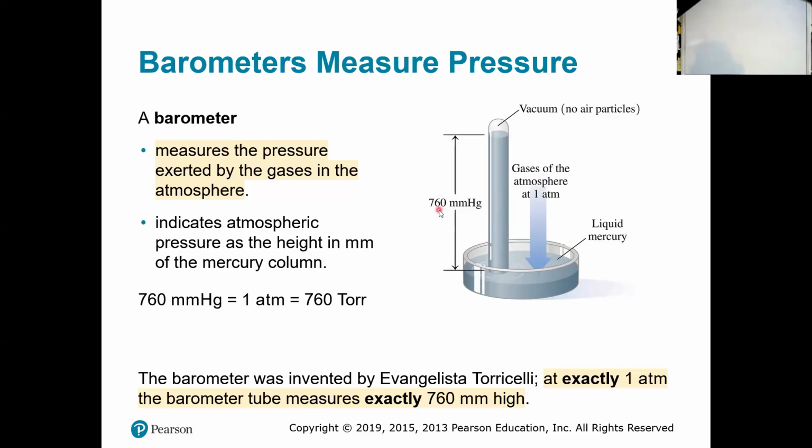So when you see a pressure reading like 760 millimeters of mercury, the mm is millimeters and the Hg is mercury. They're literally saying that the distance from the pool of liquid mercury up to the meniscus, the highest level it was able to reach, was 760 millimeters. That became the standard for atmospheric pressure.